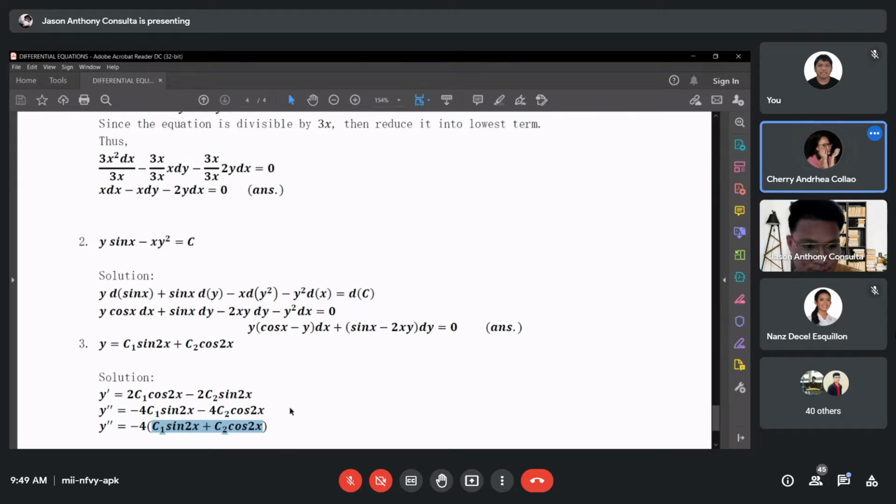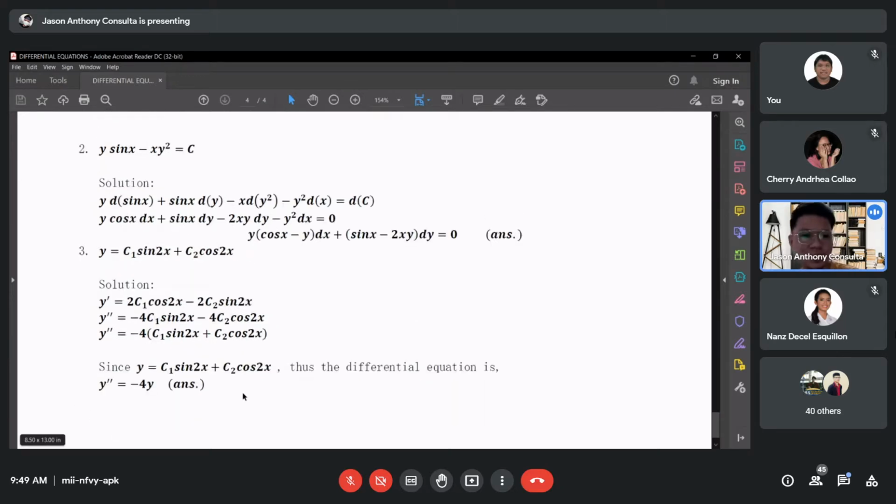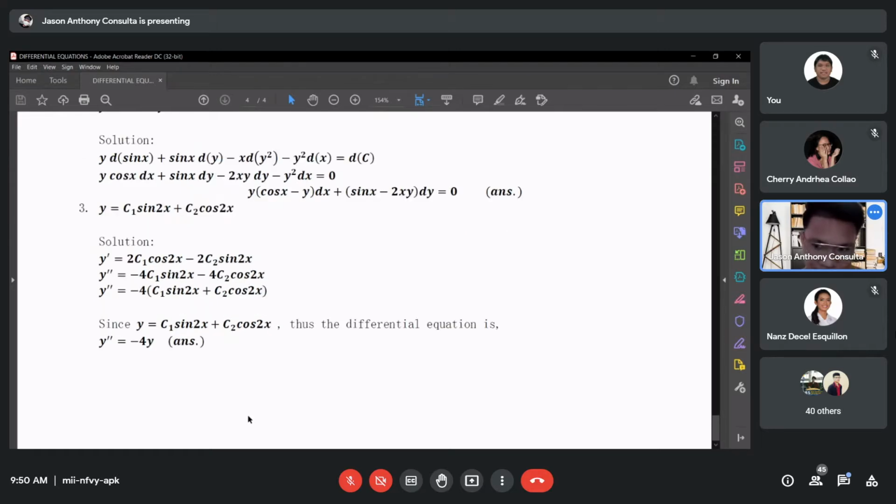Yung y po, sir. Okay, yung y. So babalik tayo dun sa given na y. So y double prime will be equal to negative 4y. Okay? So, yung sagot natin is y double prime or the second derivative of y with respect to x is equal to negative 4y.